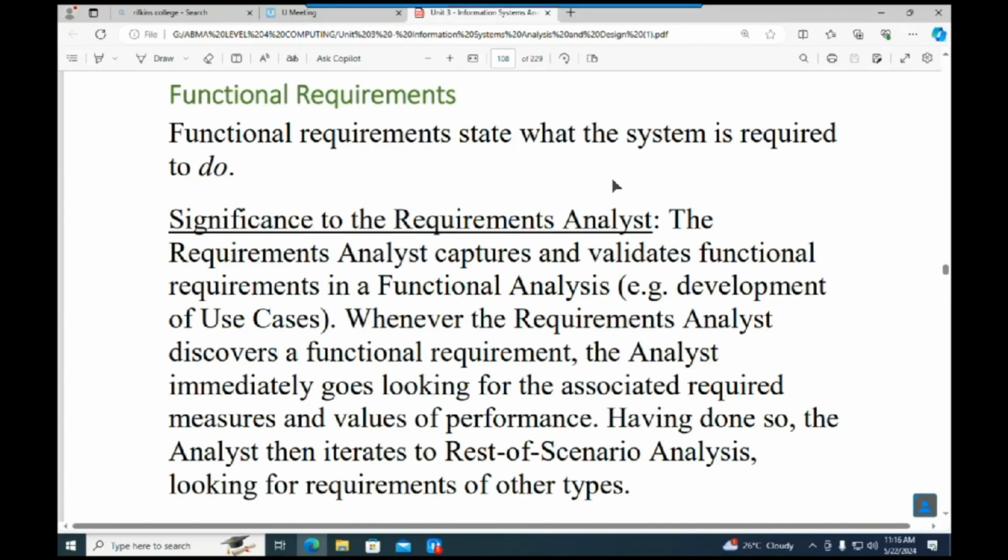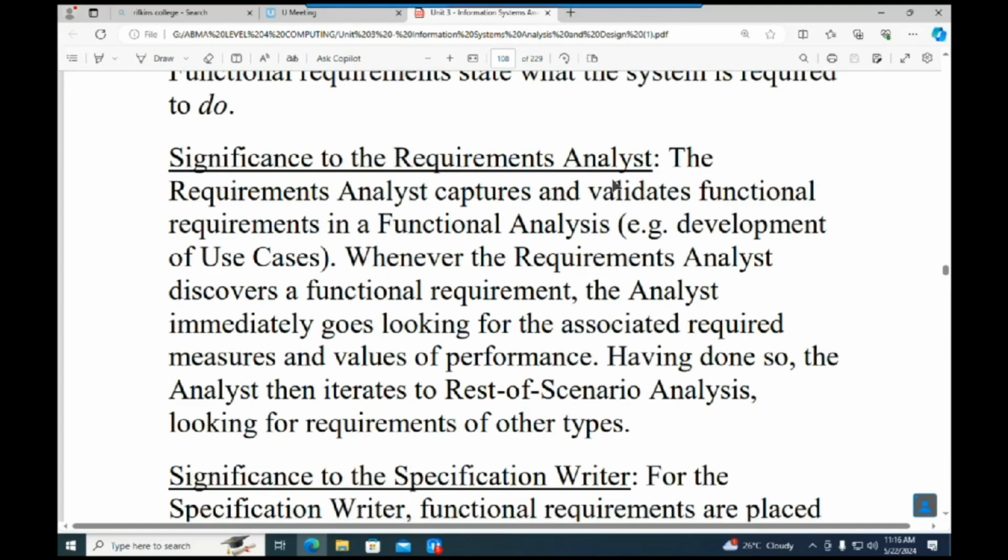After checking any associated measures or values associated with that particular function, he's going to iterate, or he's going to do scenario analysis. That is now looking for the requirements of other types.